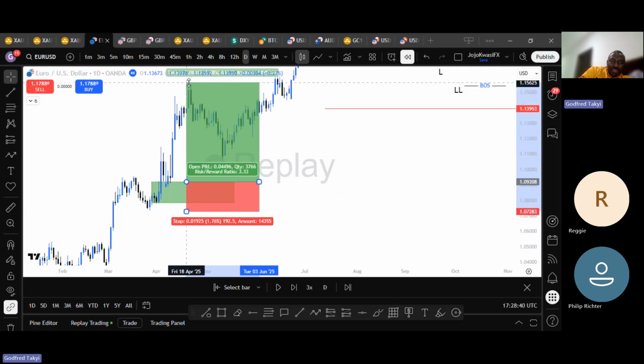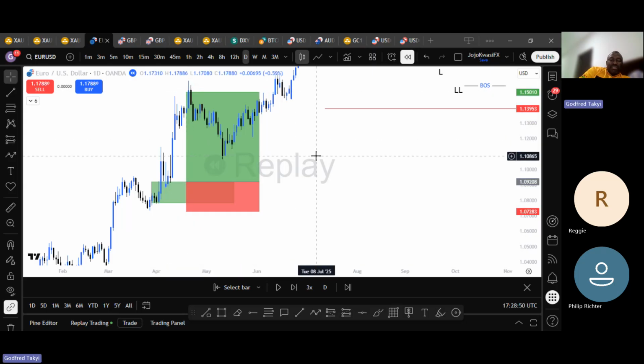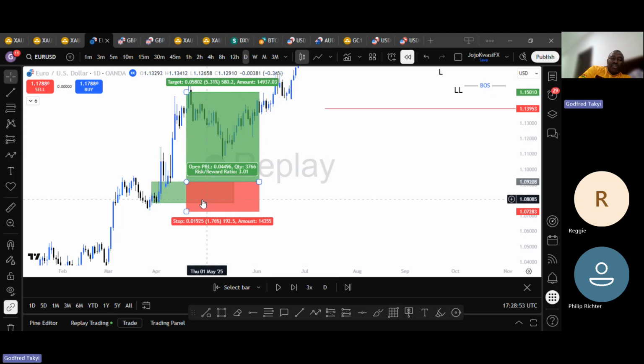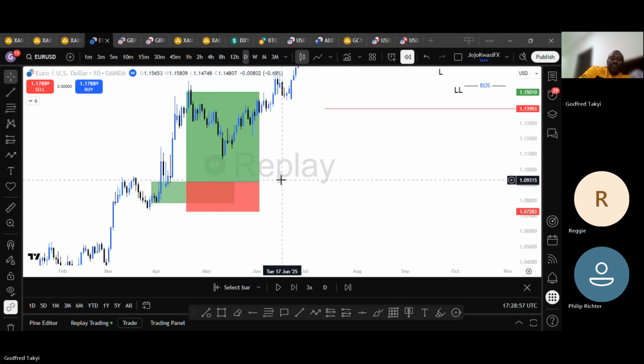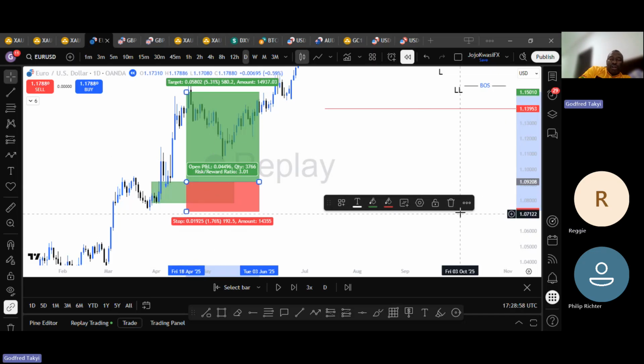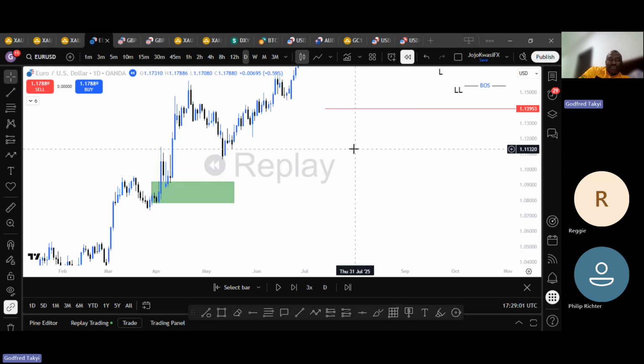You can target 1 to 3 minimum. So that's a lot of money. If you invested 100, you get $300. If you invested 1,000, you get $3,000. So that is order block. Order blocks are very nice things to know.